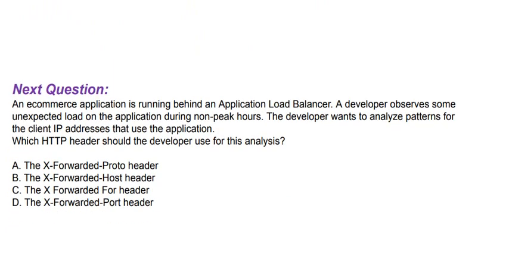Moving to next question. An e-commerce application is running behind an Application Load Balancer. A developer observes some unexpected load on the application during non-peak hours. The developer wants to analyze patterns for the client IP addresses that use the application. Which HTTP header should the developer use for this analysis?